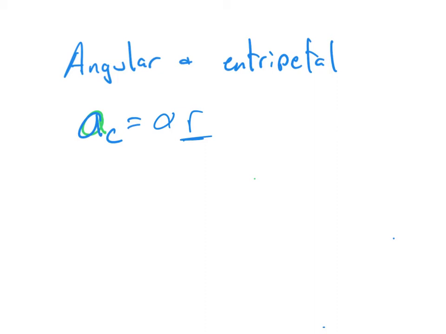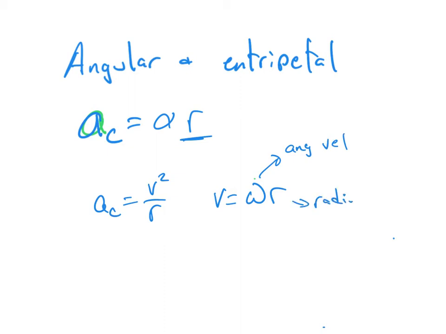Now, one other equation, one other derivation, just to show you really quickly, we also know that centripetal acceleration is equal to v squared over r, which we talked about last week or the week before. But we should recognize then from the previous slide that the velocity is equal to omega times r, where omega is the angular velocity, and r is, of course, our radius.